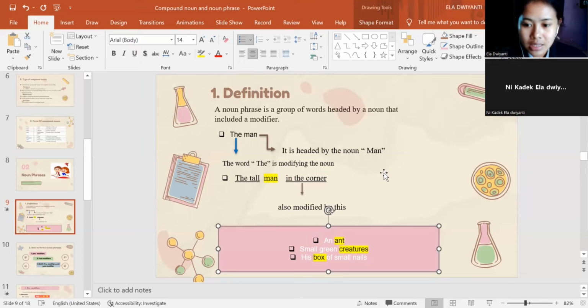Now, a noun phrase can be very short. For example, an ant, a small green creature, a bunch of small nails.